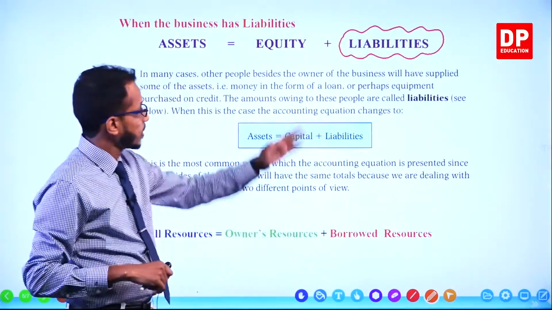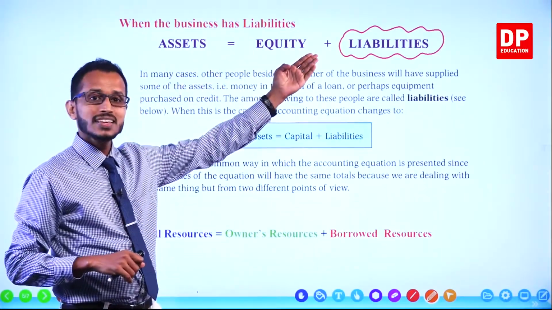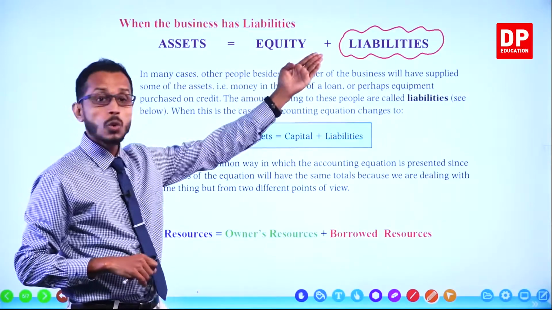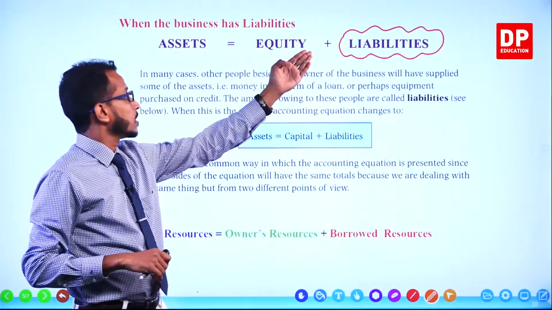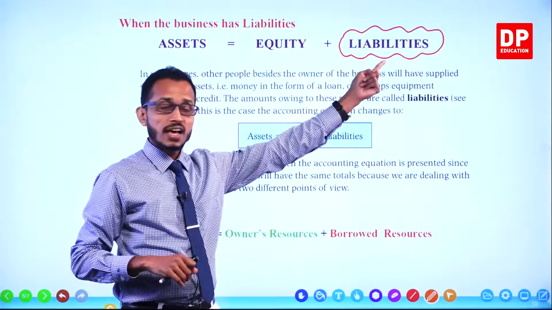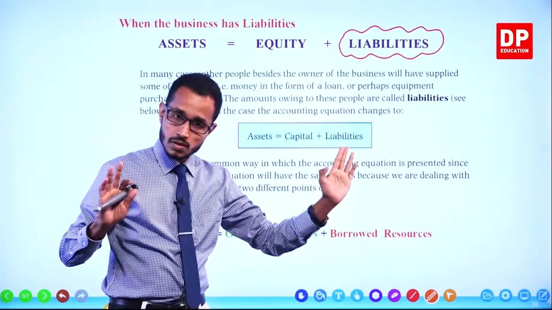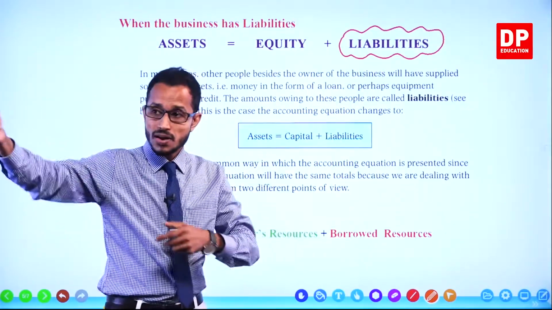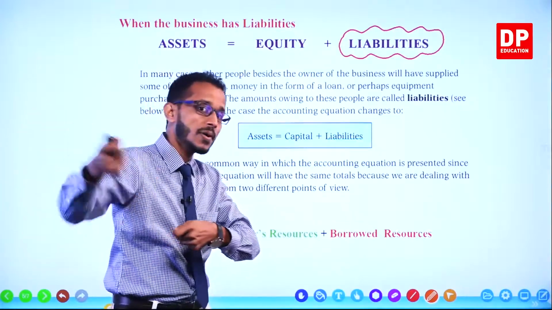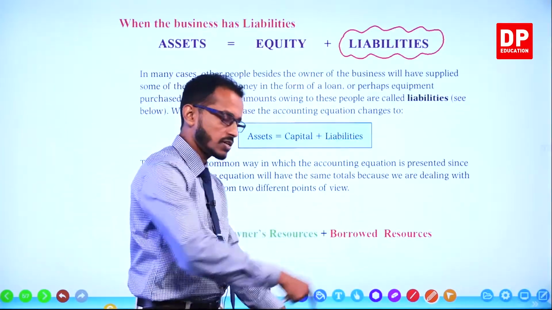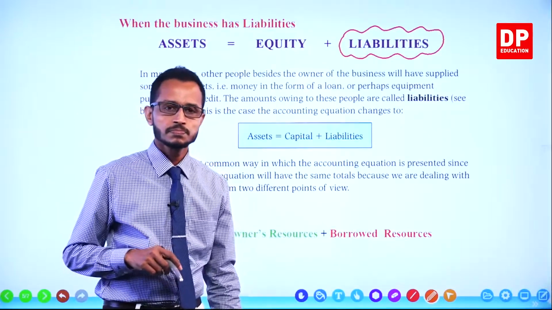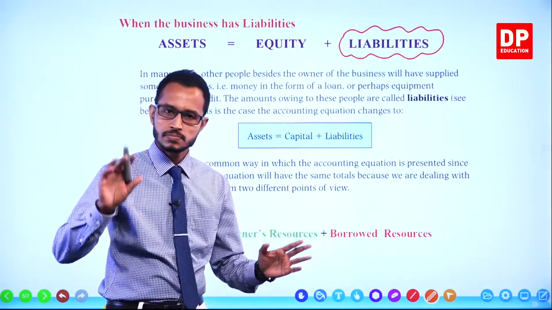Children, in this equation, it is shown that there are external liabilities which are borrowed from external parties to invest in the business. Okay?